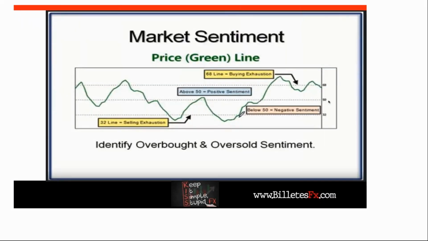Current price, when it's above the 50, you're looking for buys. So if I show up to my chart and I see that it's cutting in, I'm looking for setups to buy. Look right here, it cut up, but then it cut back in. I'm looking for sells. It's negative. I'm looking for sell positions to the downside.